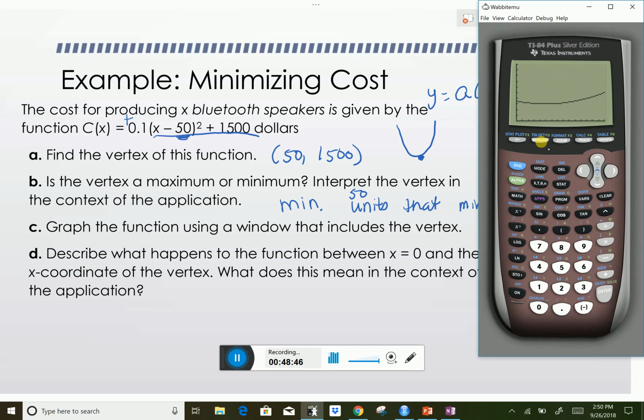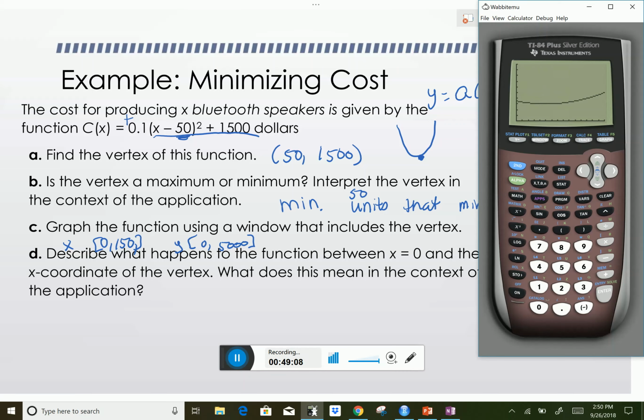So what I ended up doing was 0 to 150 for my x, and my y was 0 to 5,000. So I got my vertex in there, and it did just fine. That would be perfectly fine. I could make it a little bit larger.